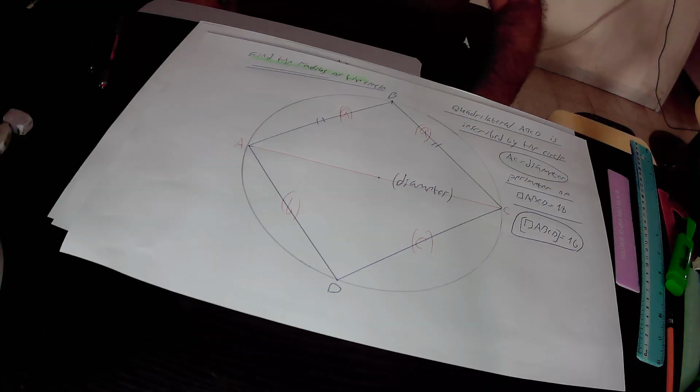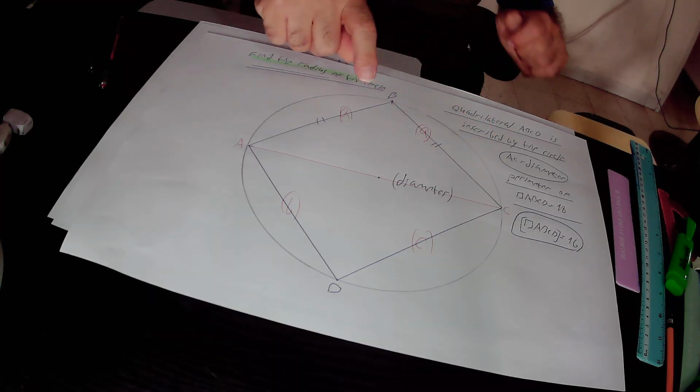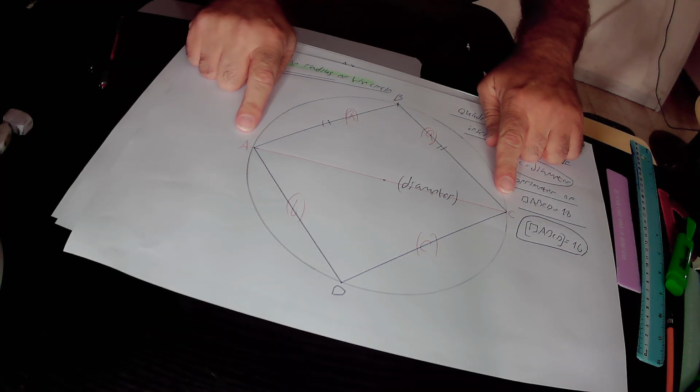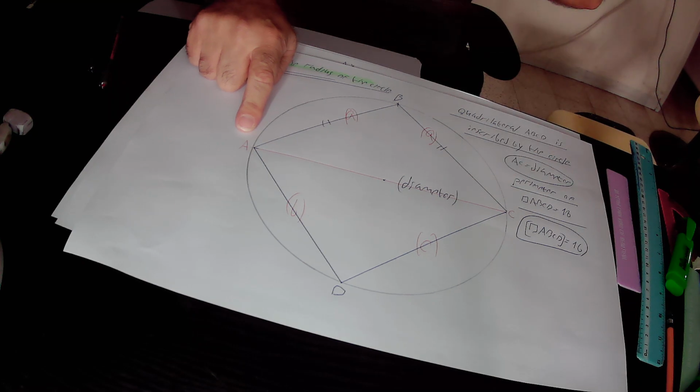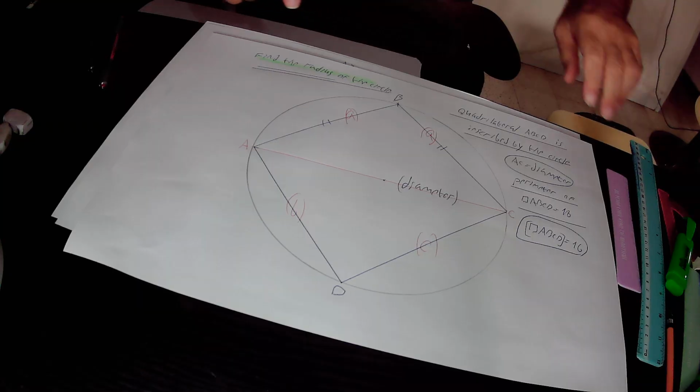So we can actually implement rule 7 in our drawing. In our drawing, this is peripheral angle ABC that subtends chord AC, that is the diameter of this circle, and therefore peripheral angle ABC must be equal to 90 degrees according to rule 7.